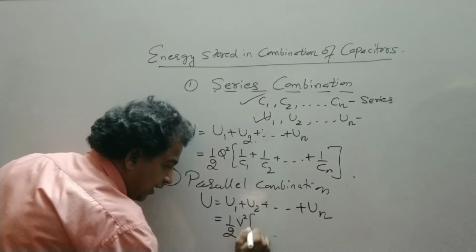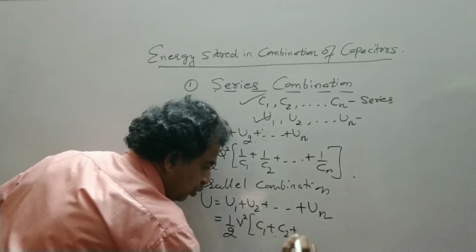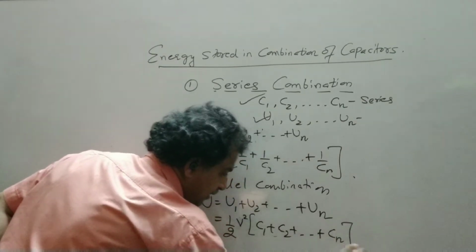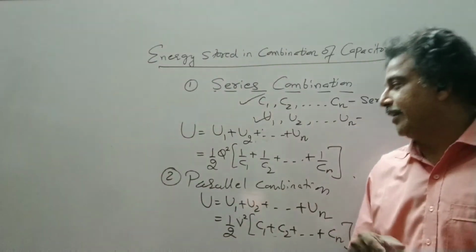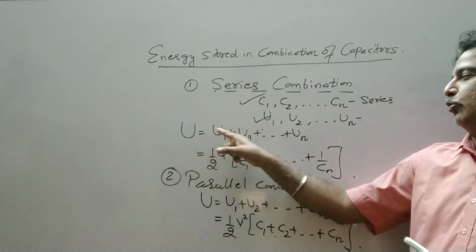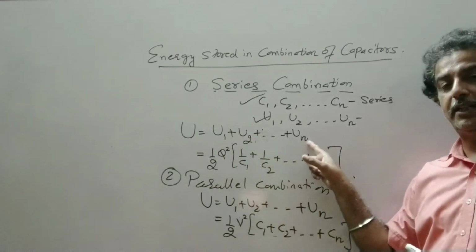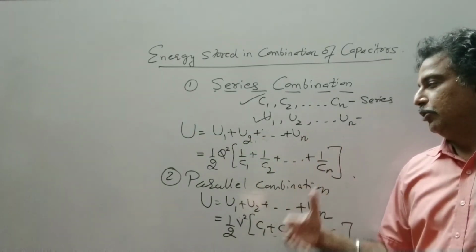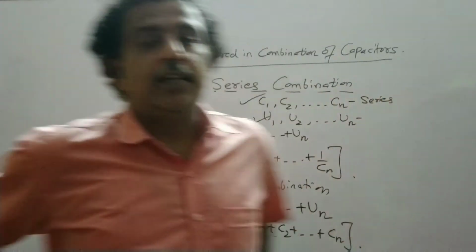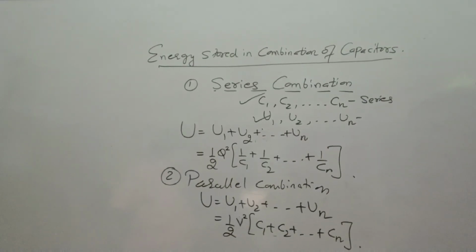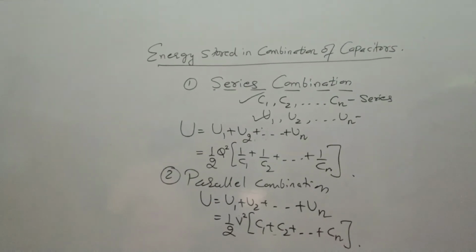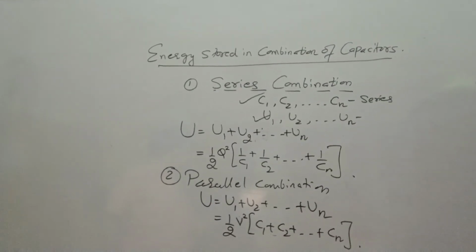So V squared is taken as common, so C1 plus C2 plus ... Cn. Whether your combination is series or parallel, you have to do U is equal to U1 plus U2 plus ... Un, and you have to consider whether the charge is the same or the potential difference is the same. You have to find out the quantity which is the same.